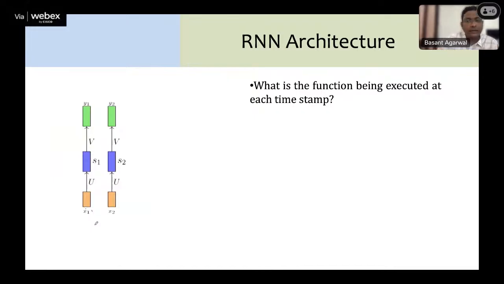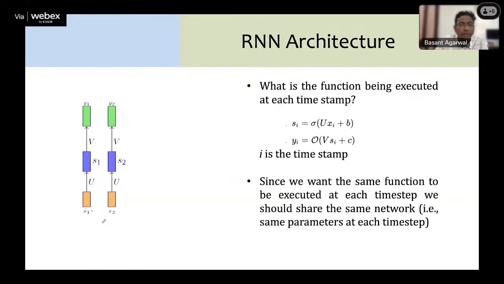Now we'll try to understand what functions are being executed at each timestamp. This is t is equal to 1, this is t is equal to 2, and we are doing the same task. As I already discussed with you, this is just like a standard multi-layer neural network, and we can easily write the equation for it.